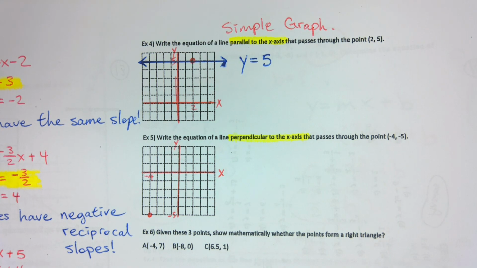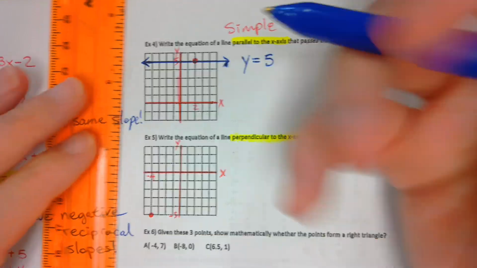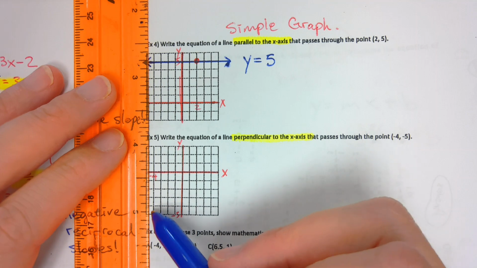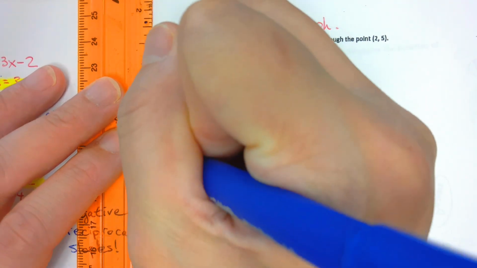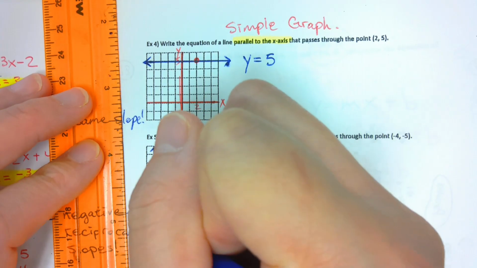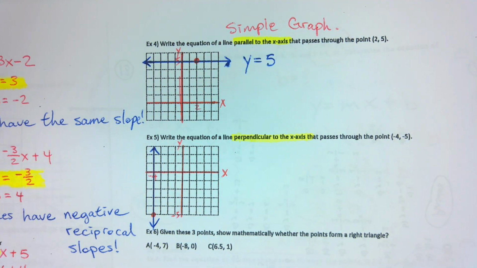Michelle? Vertical, right. So I want my vertical line to go through this point. So it's going to be right here. That's the only place I could put it. Okay. And so what is the equation of that line?